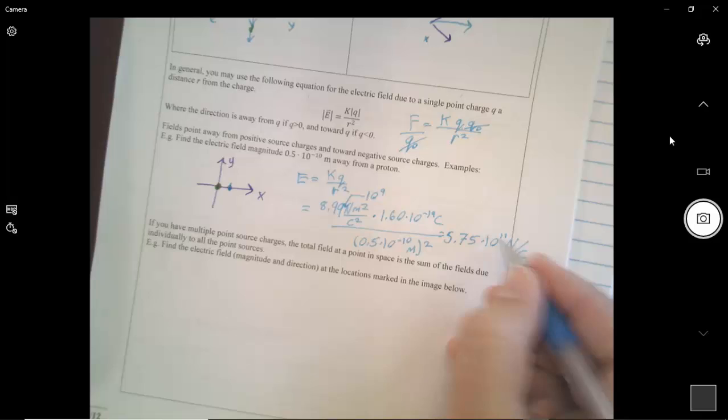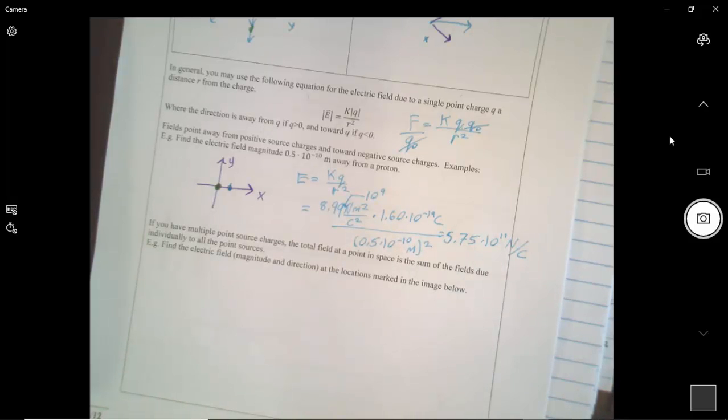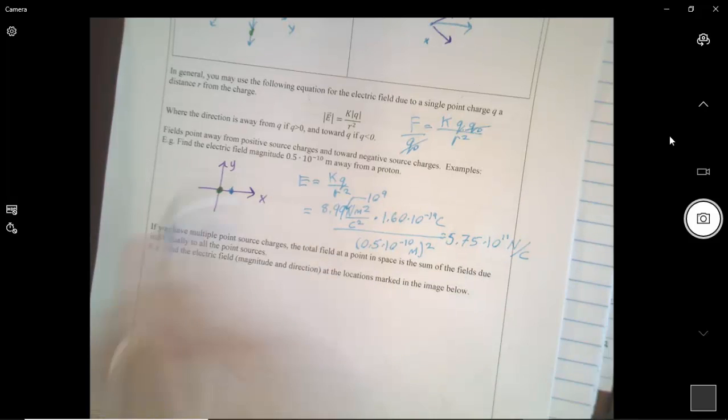Electric fields tend to be very large numbers, whereas forces can be much smaller, at least when we're talking about atomic types of electric fields.